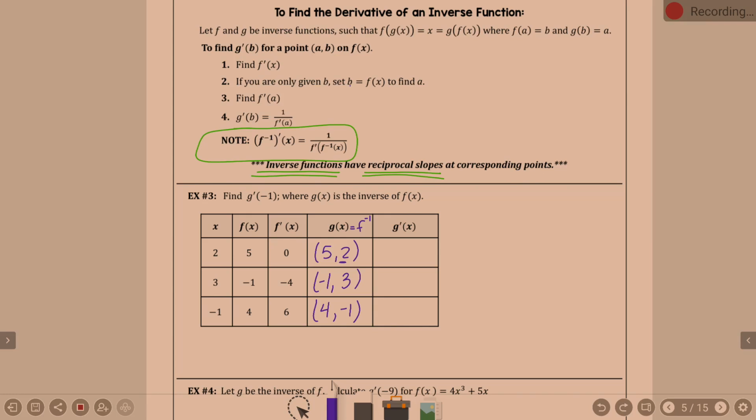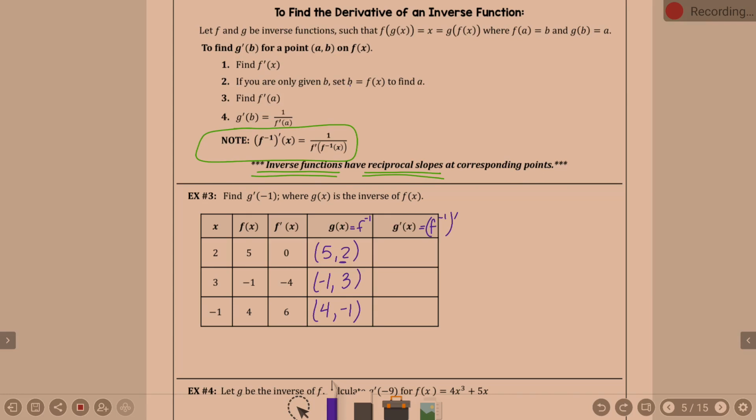4, -1. Now, in this next box, if it's g prime of x, then that is the derivative of the inverse.